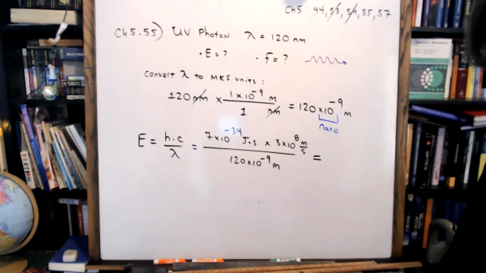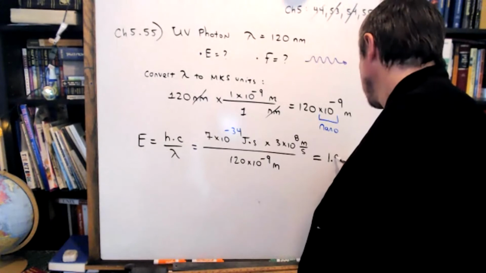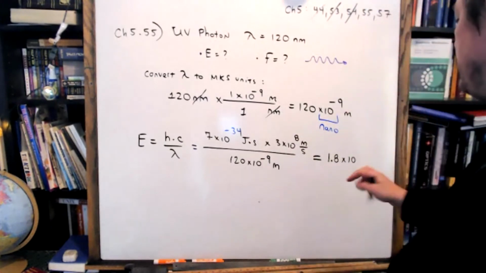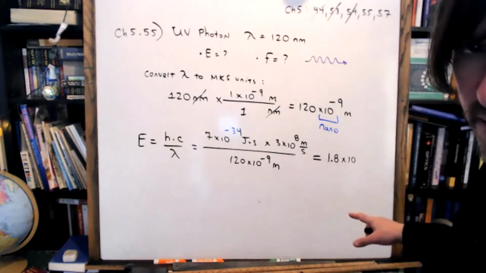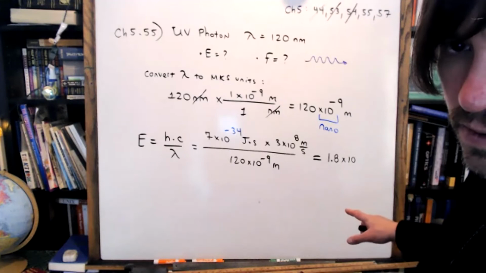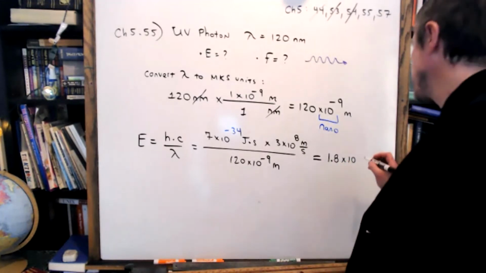1.75 times 10 to the negative 18. Negative 18th? I got that too. Okay. I'm rounding it to 1.8 because I don't think 3 sig figs is good here.